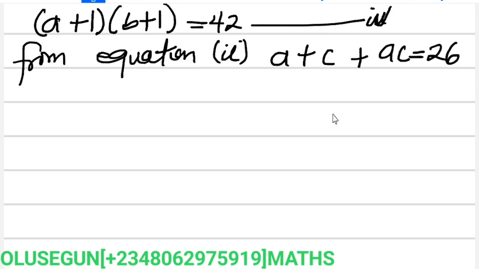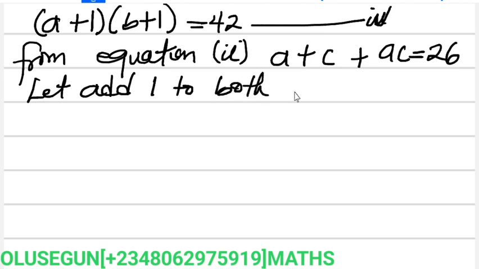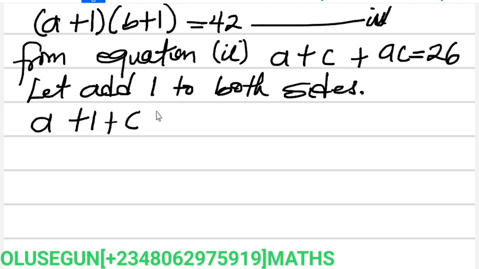Let's add 1 to both sides. We have a plus 1 plus c plus ac is equal to 27.